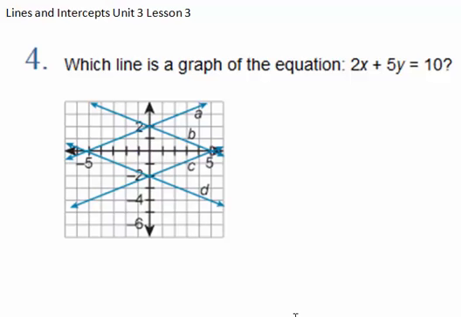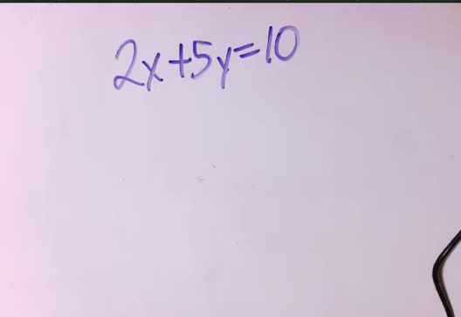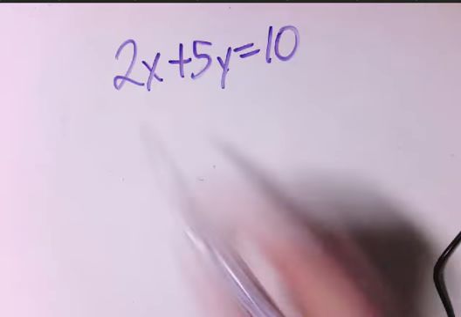So for our next question, we want to see which line is the graph of the equation 2x plus 5y equals 10. So the first thing we can do is put that into the slope-intercept form.